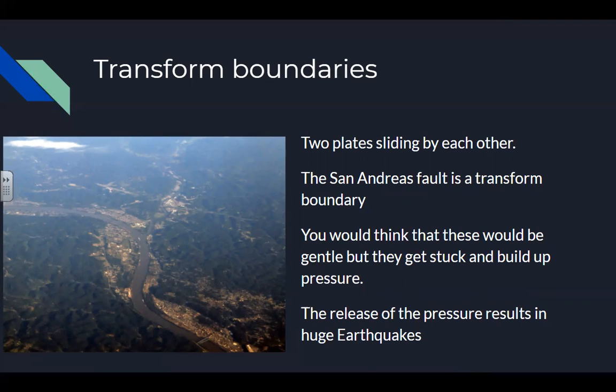But as these two plates slide past each other, they are catching on one another. So they get stuck. They build up pressure and energy, and then they release that pressure and energy all at the same time. So at a transform boundary, you oftentimes get very powerful earthquakes.